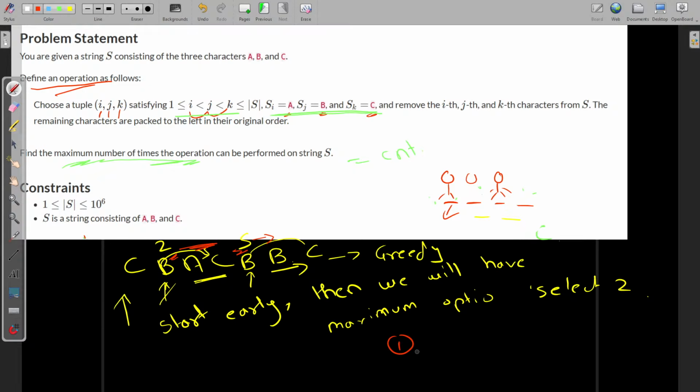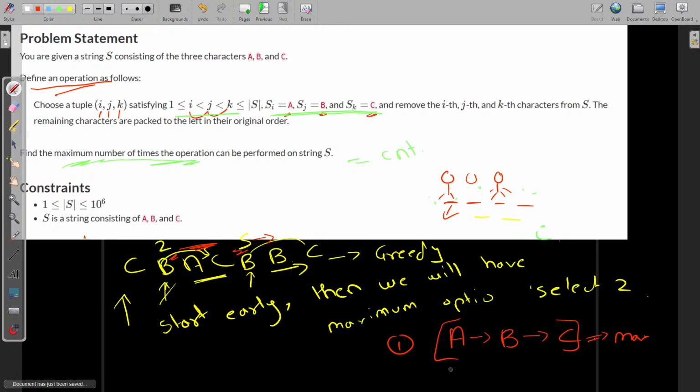Other than that, are there any observations? For any character, if I am selecting an A, just select the first A and then try to pair it with the earliest B, then try to pair it with the earliest C. This will help us form the maximum number of pairs. Rather than selecting an A which comes much later, we'll form the pair with the earliest possible option.